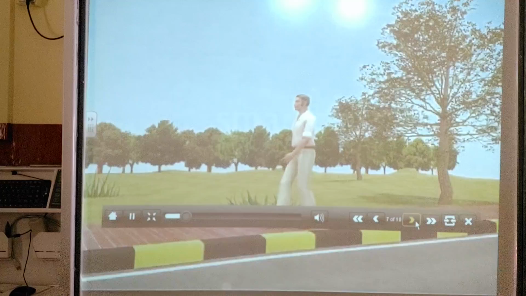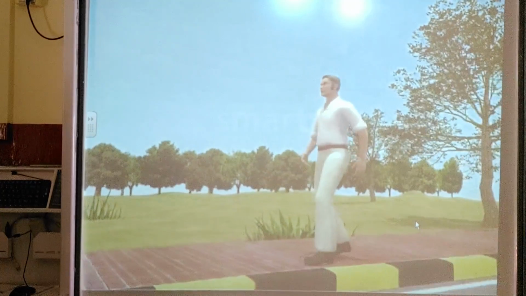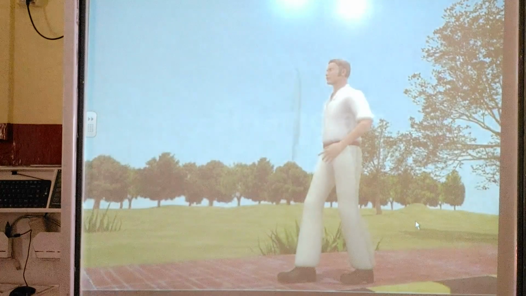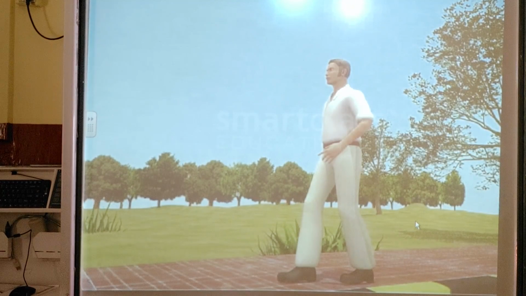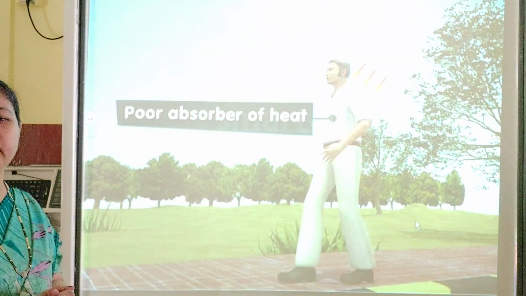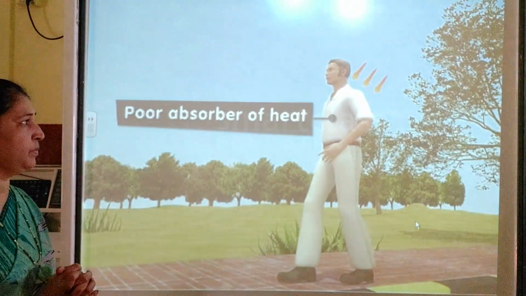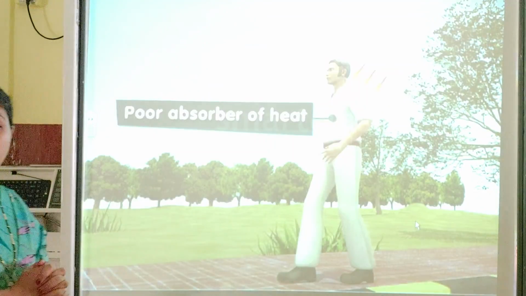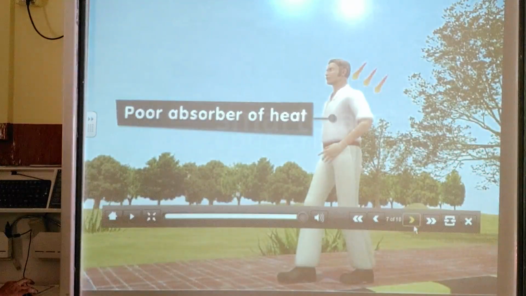We prefer wearing white or light-colored clothes in summer. Why? This is because white or light-colored clothes, being poor absorbers of heat, reflect heat and keep us cool. So why do we wear light-colored or cotton clothes in the summer? Because they are poor absorbers of heat and keep our body cool. We feel cool.